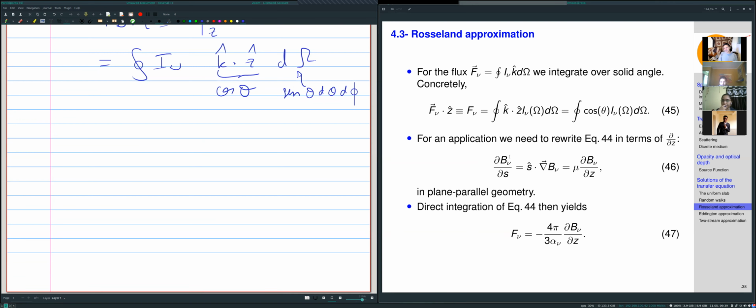That's a shorthand for the gradient of whatever quantity, in this case projected along the direction of the ray. Now we can connect this with a gradient along one of the Cartesian directions in the plane parallel geometry. We will be looking shortly at an alternative to this description, not using the plane parallel geometry.